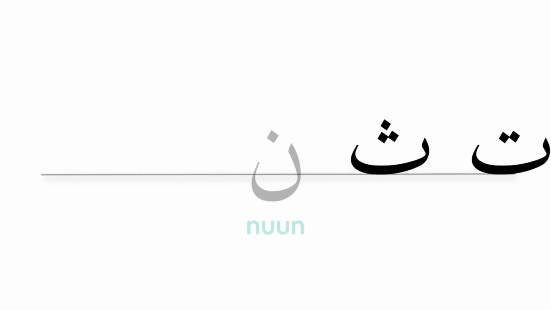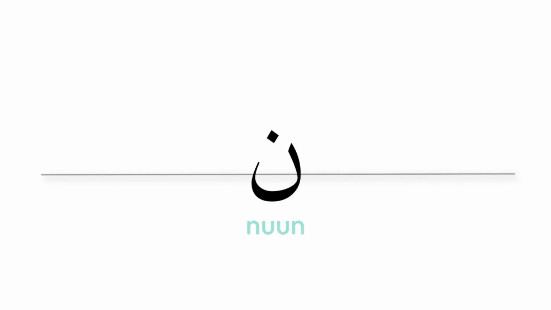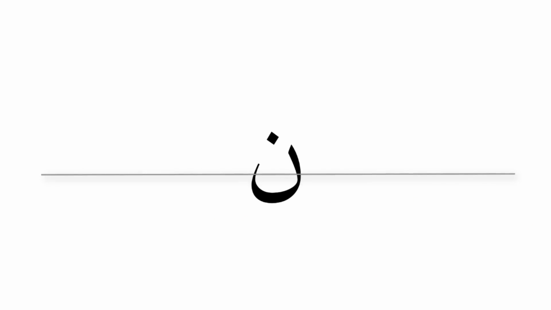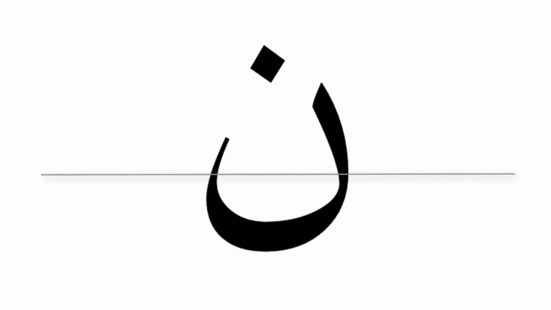This letter, the noon, has a shape that is slightly different but is still placed under this group of boat letters because of the similar way in which it behaves to them in other areas. You'll discover this later on. As you can see, its curved line drops below the writing line and returns back up to finish slightly above it. It also has a single dot sitting almost within the semicircle that is produced.